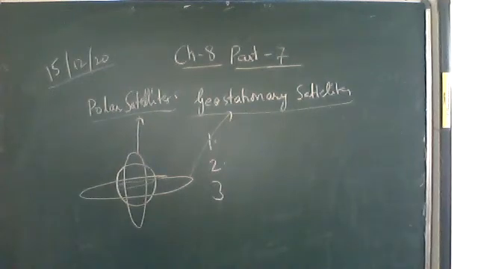These polar satellites will not appear to be stationary from the Earth's surface. A small camera is fixed on these polar satellites. They keep on revolving and take pictures. So they can be used in remote sensing, that is in forecasting the weather. In meteorological departments they can be used.